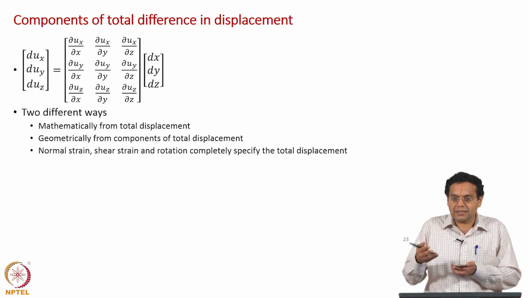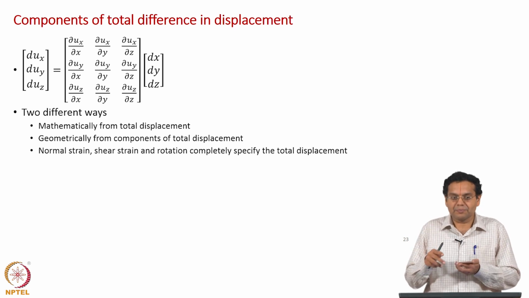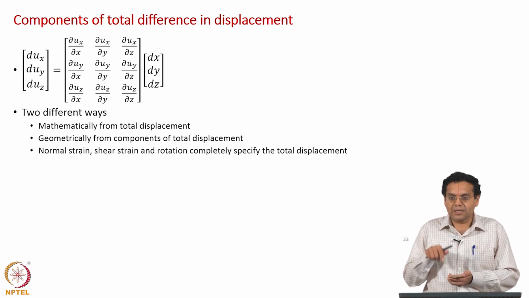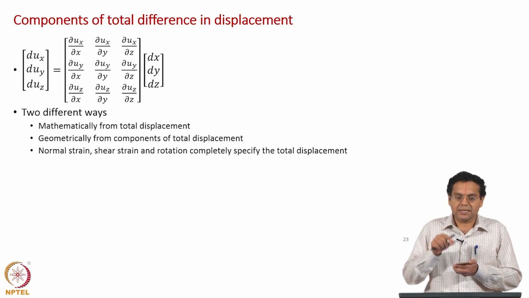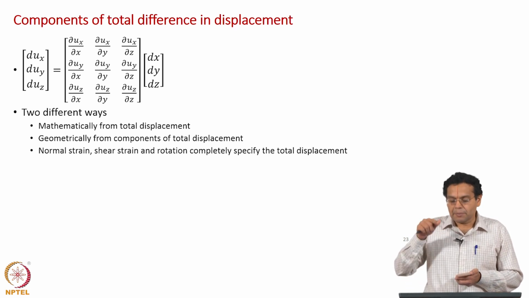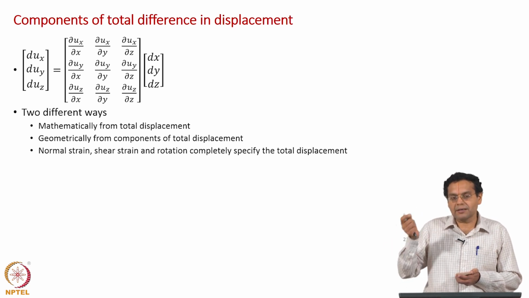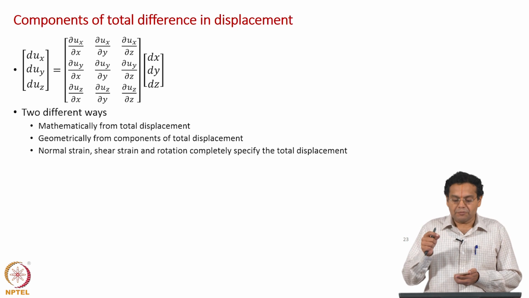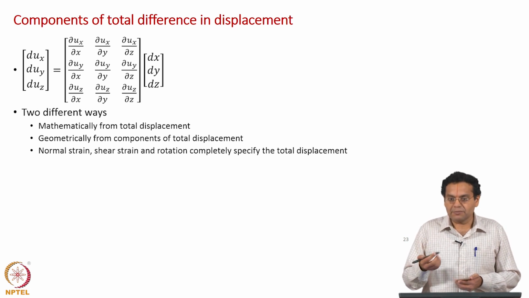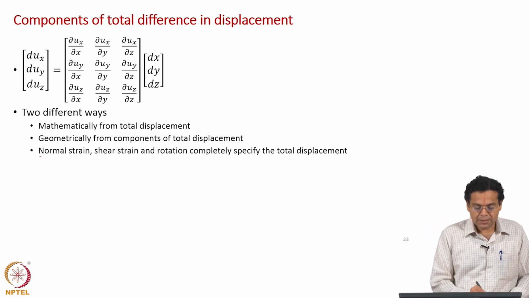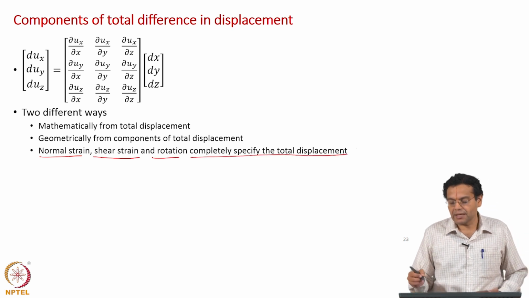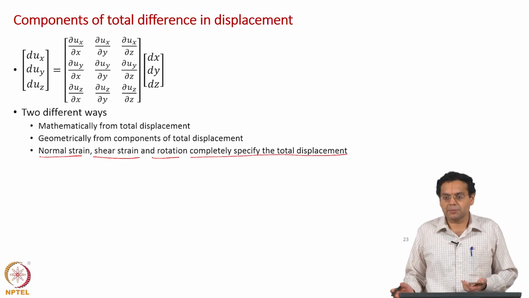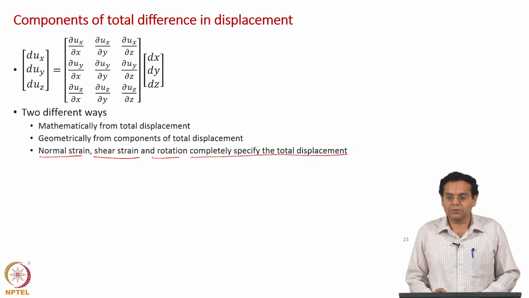There could be other components also, but this proof tells you that we consider only three: normal strain, shear strain and rotation. By considering the individual components, we get the same expression that we had taken earlier by considering total displacement, which means that normal strain, shear strain and rotation completely specify the total displacement or difference in displacement. That is an important conclusion.